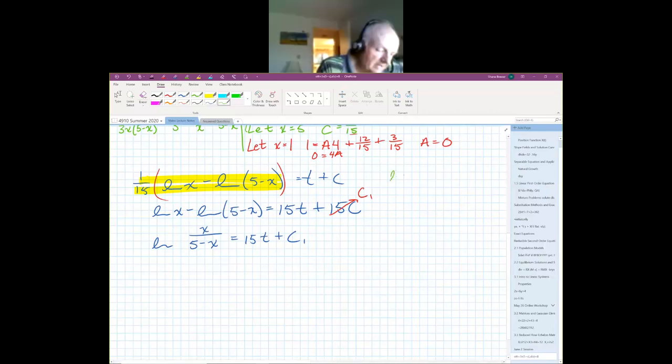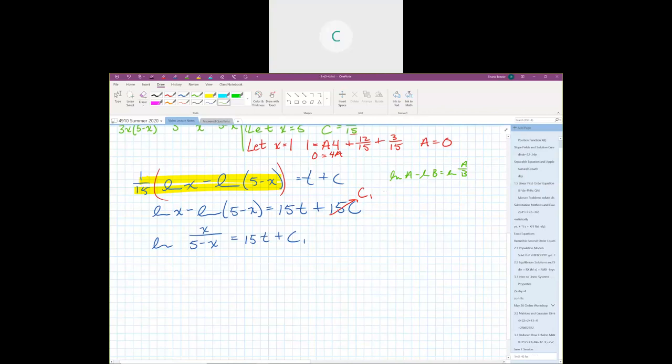Well, the rule is this, right? ln of something minus ln of something else is always ln of the first over the second. That's always the rule. What if it were negative ln of A minus ln of B?